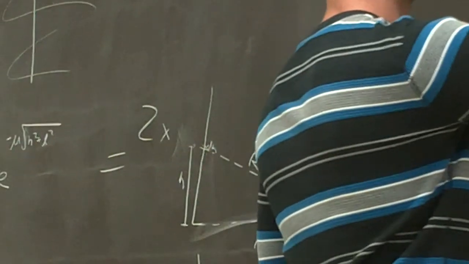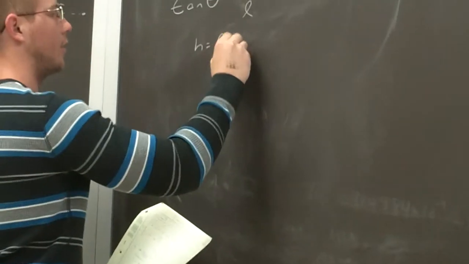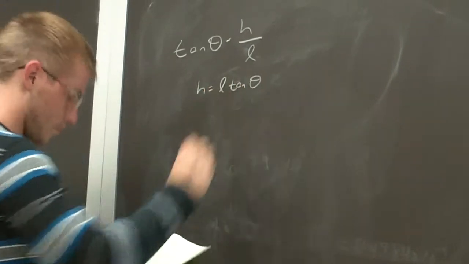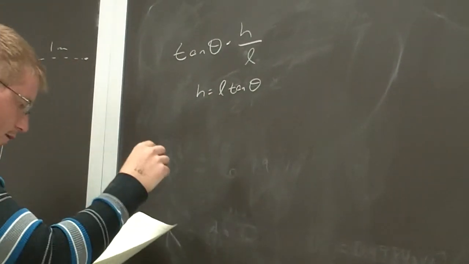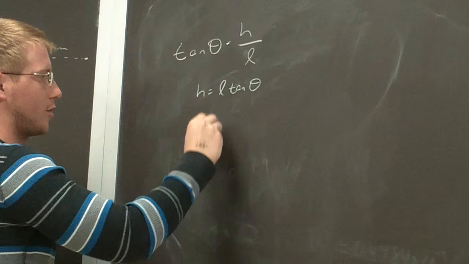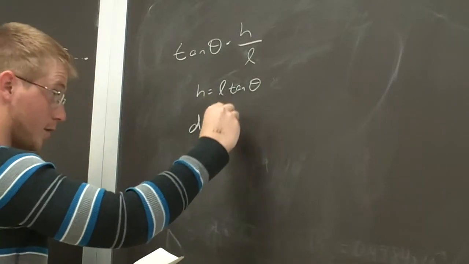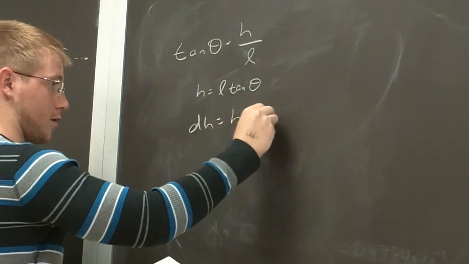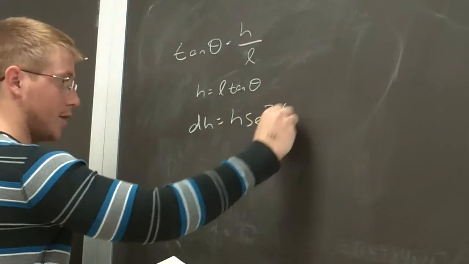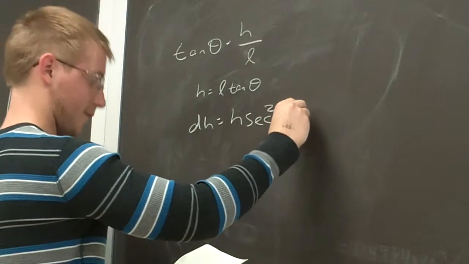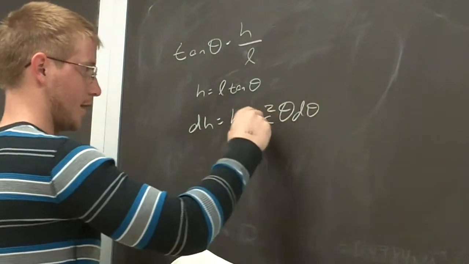So tangent of theta is equal to h over L. So h is equal to L tan theta, and dh is going to equal, oh boy, done trigonometric stuff. Yeah, it's a 2.